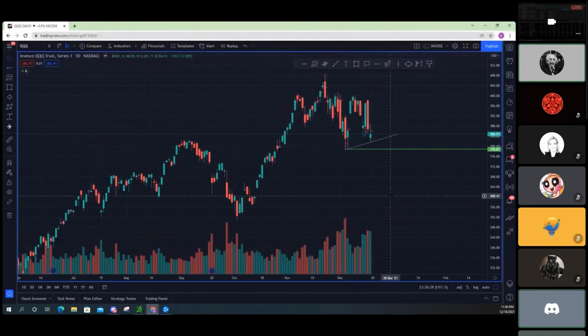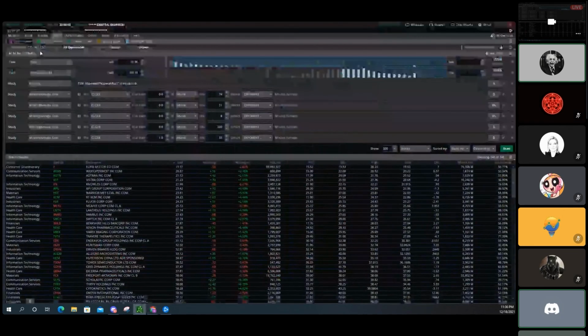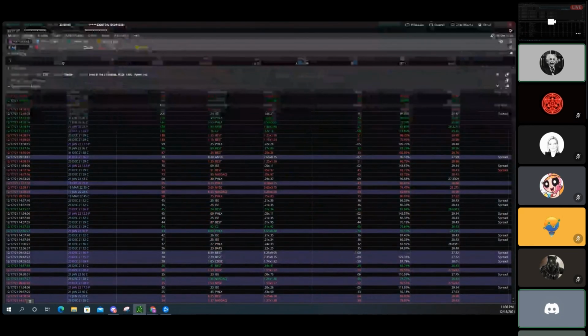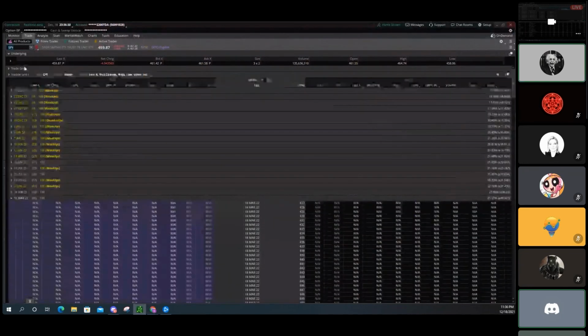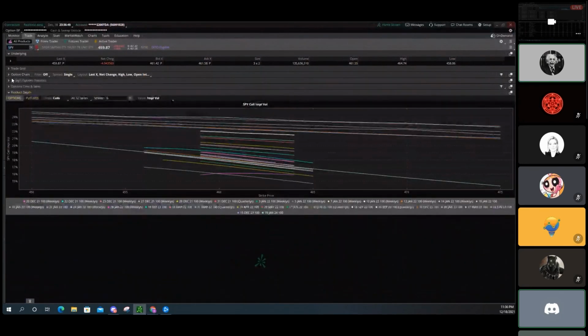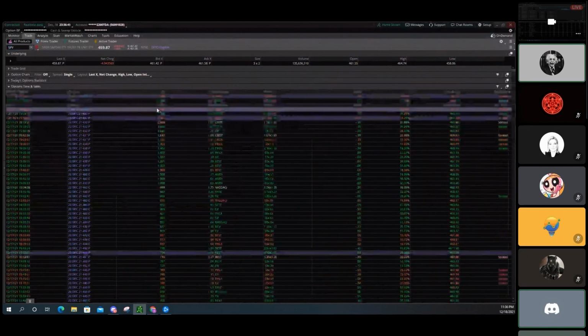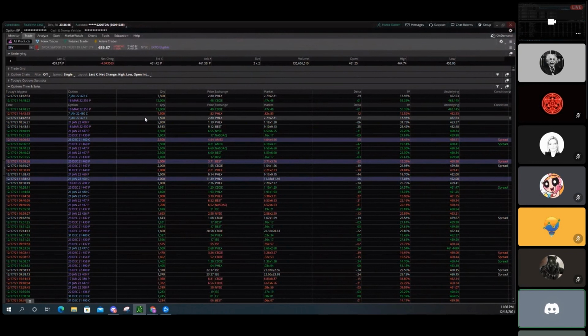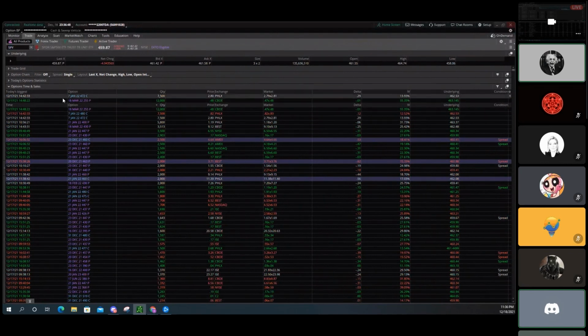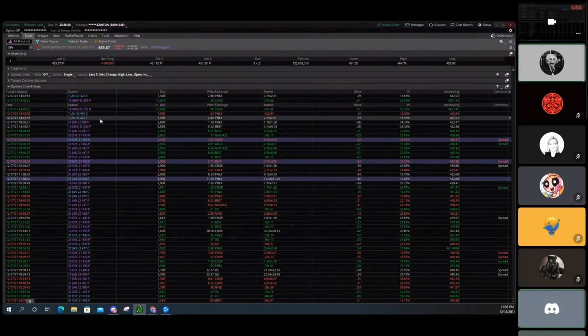If this and this breaks, did anyone check any SPY contracts? Did anyone check any of this on Friday before you guys left? Okay, well, I did. Does anyone see something right here that's interesting? 12,000.